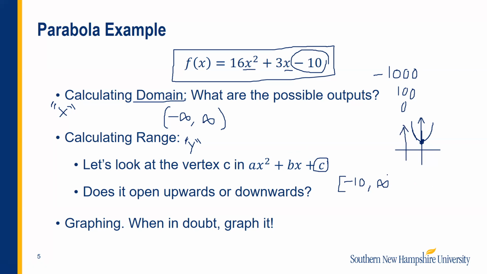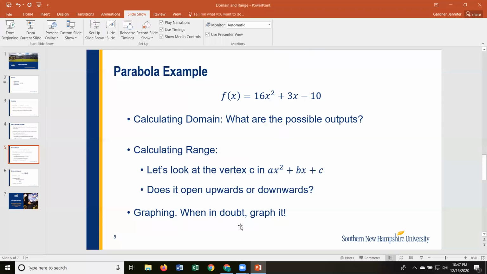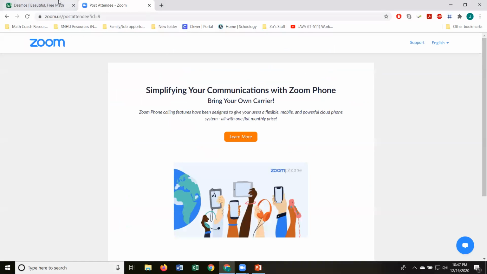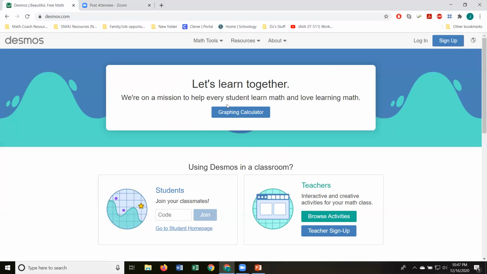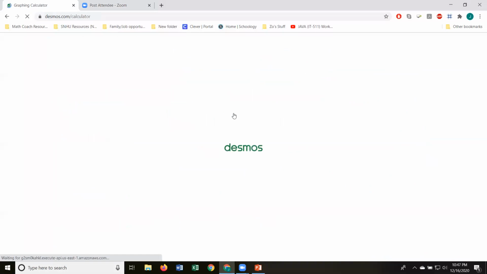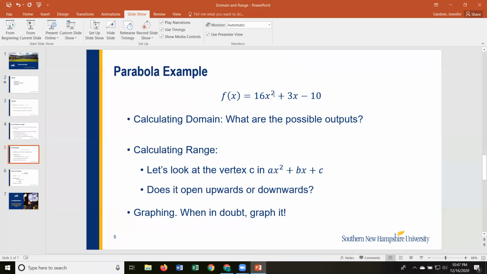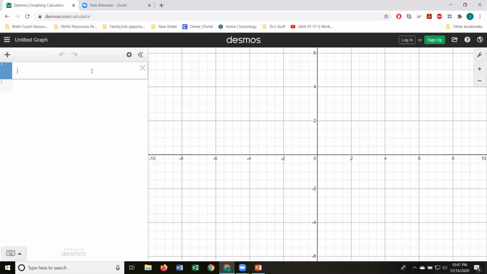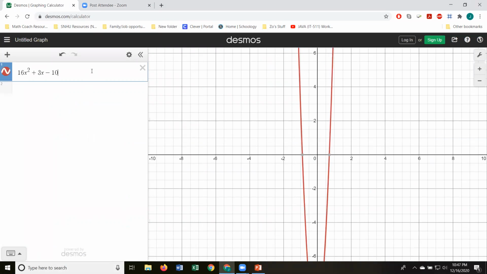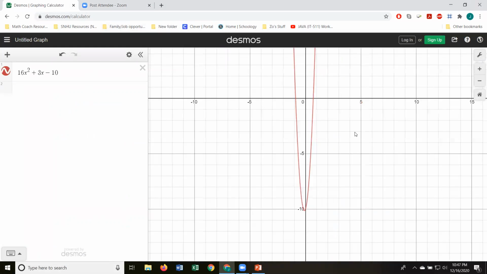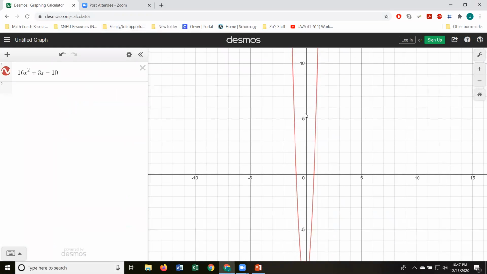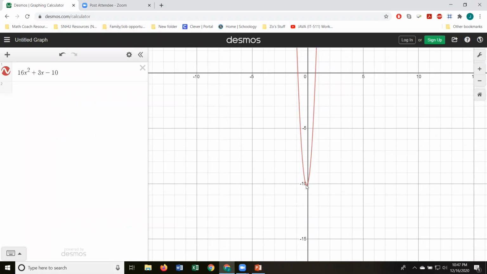And if we're ever in doubt, we can graph it. And so let's try that. Let's try graphing it. Desmos is a lovely graphing calculator that you can use, desmos.com. And I'm going to type this in, 16x squared plus 3x minus 10. And if we look here, it does open upwards, like we said, and it begins at the -10 spot.